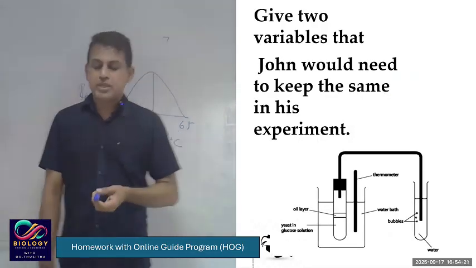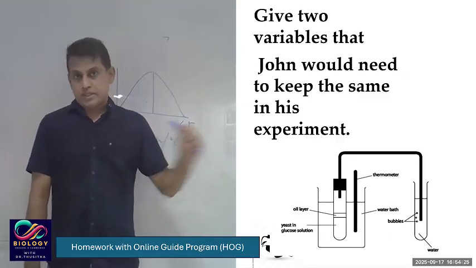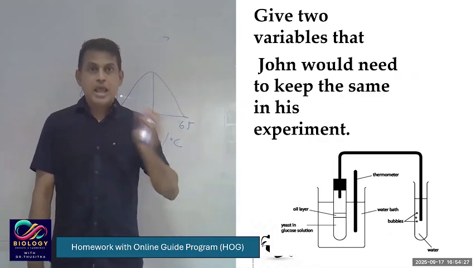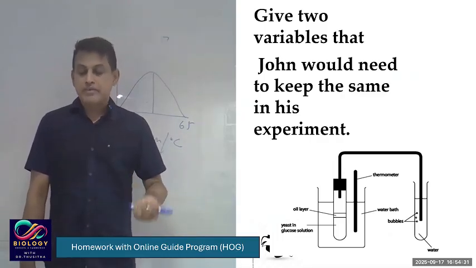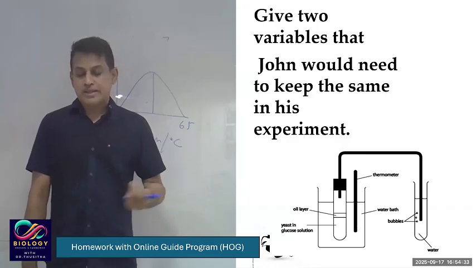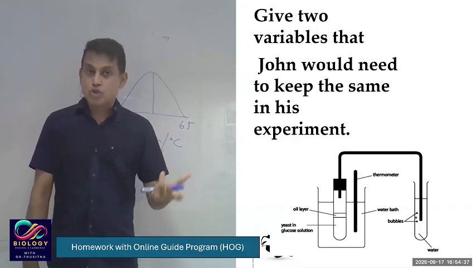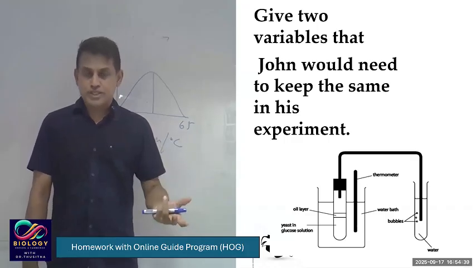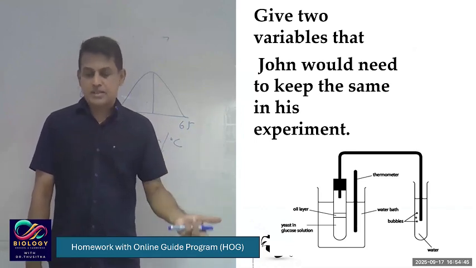Last, give two variables that John would need to keep the same in his experiment. Temperature is the independent variable and the dependent variable is carbon dioxide. Other variables you can propose are, for example, the volume of glucose solution, concentration of glucose solution, number of yeast cells, mass of yeast cells.